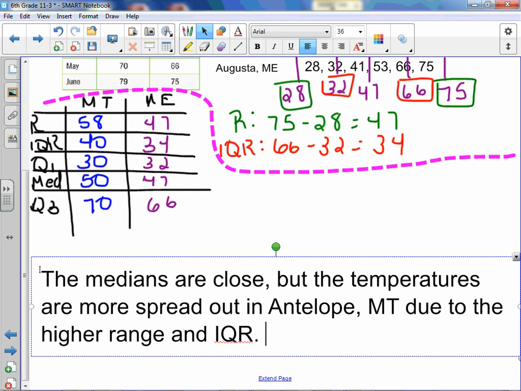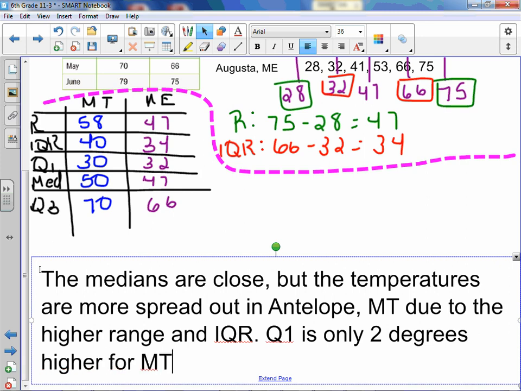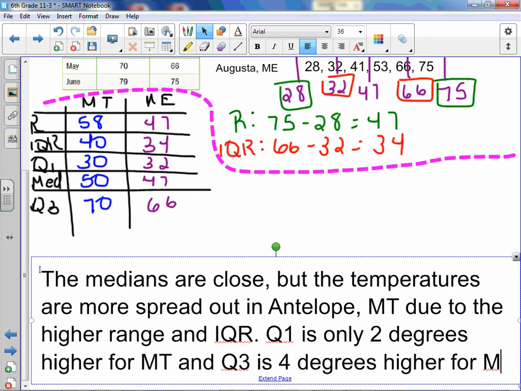Let's also say that the quartile 1 is only 2 degrees higher for Montana. We can say that quartile 3 is 4 degrees higher for Maine.